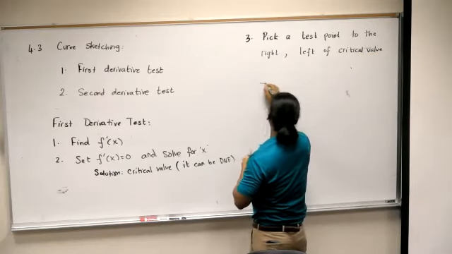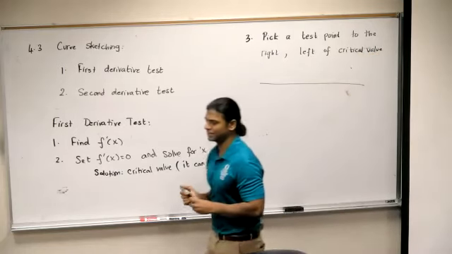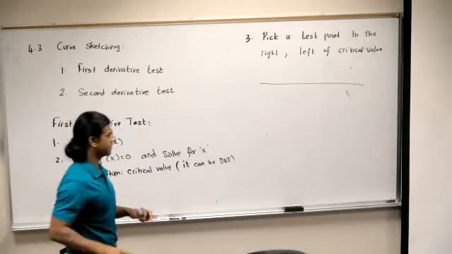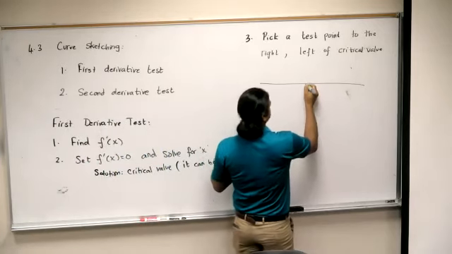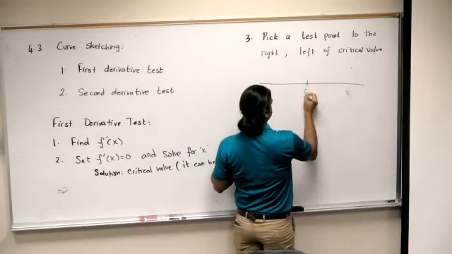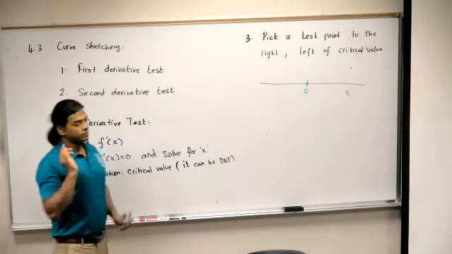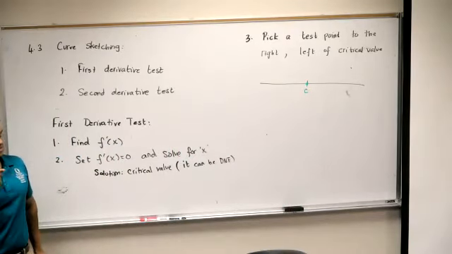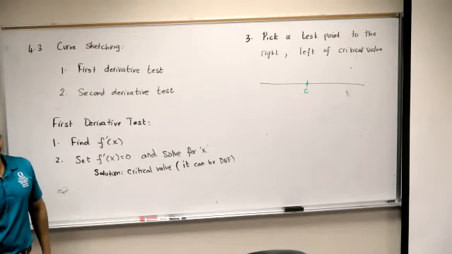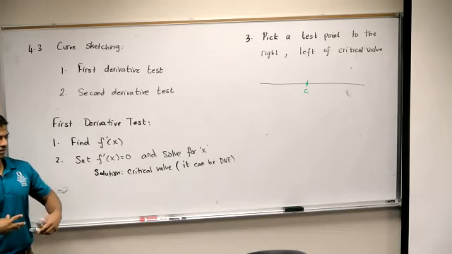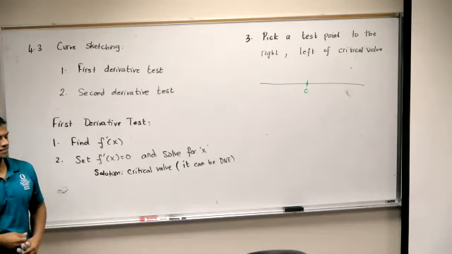I'll do this for illustration so you can understand it better. So let's say the critical value is C. What is the derivative at C? Let's see if we can put 2 and 2 together.